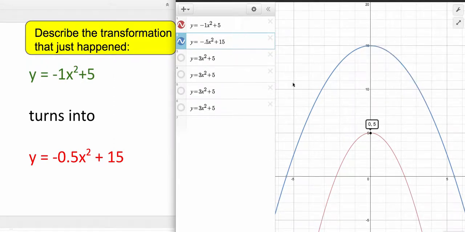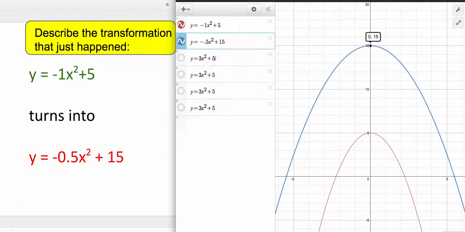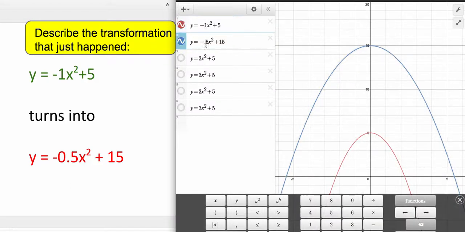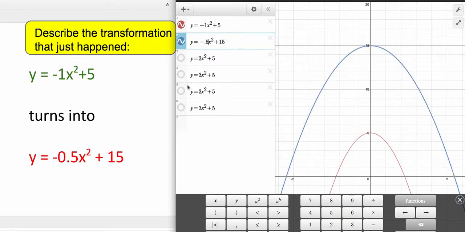But you can see both of them open down because both their a values are negative. My y-intercept for this one's at 5 and this one's at 15. So the transformation is it got lifted up 10 units, from having a y-intercept at 5 to having a y-intercept at 15. That's 10 units. It's still opening down, but now it got a little bit wider too because it went from 1 to a half. If this was still just negative 1, it would be a little bit thinner, but it's a half, so it's a little bit wider.